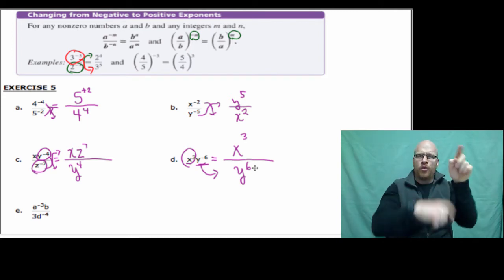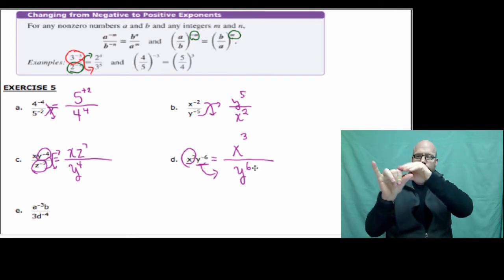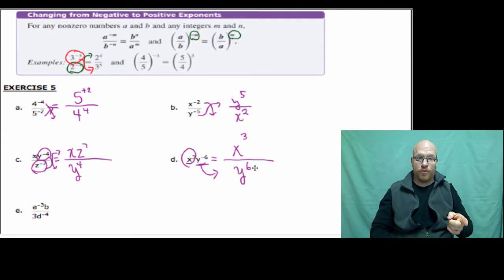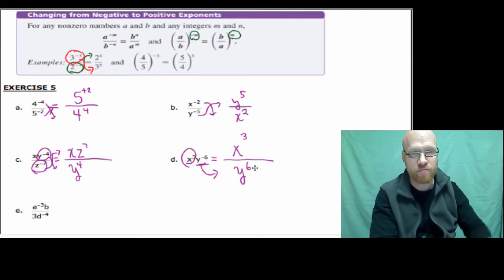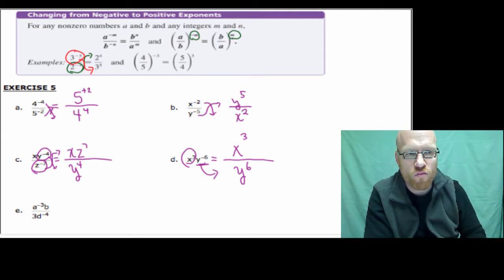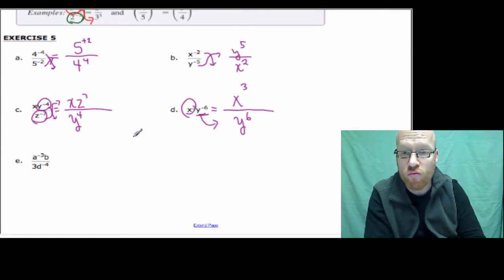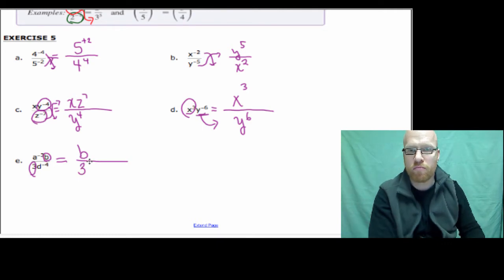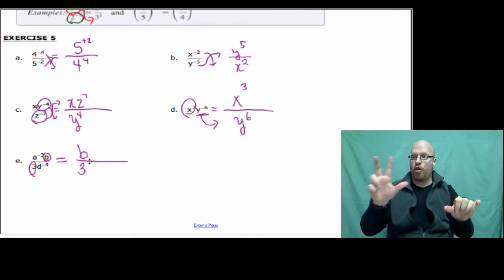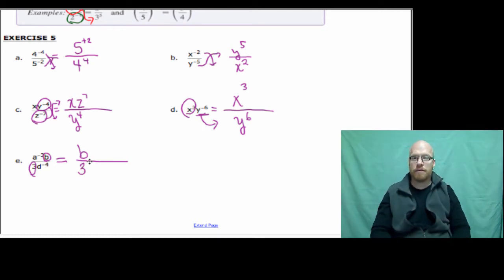Okay, x cubed is left in the numerator. Y to the negative 6 gets moved to the denominator, and we have y to the positive 6. Now we'll work on E. Sometimes I'll do this. The b stays where it is, the 3 stays where it is.